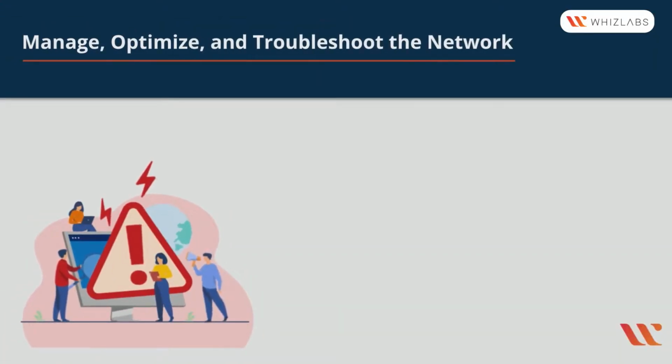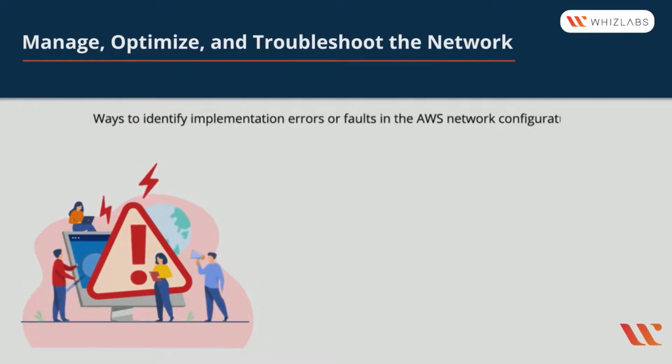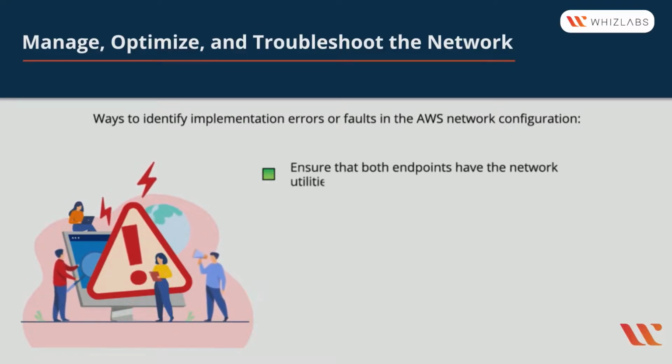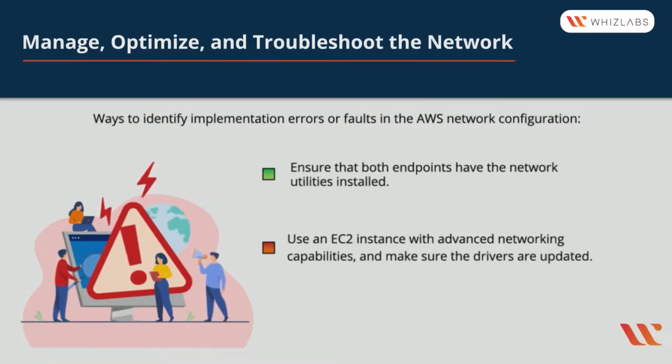In this topic, we will discuss how to identify the implementation errors or faults in the AWS network configuration. Here are a few points that can be used to serve the purpose. Ensure that both endpoints have the network utilities installed. Use an EC2 instance with advanced networking capabilities and make sure the drivers are updated.